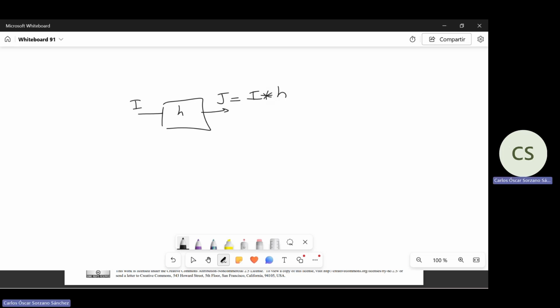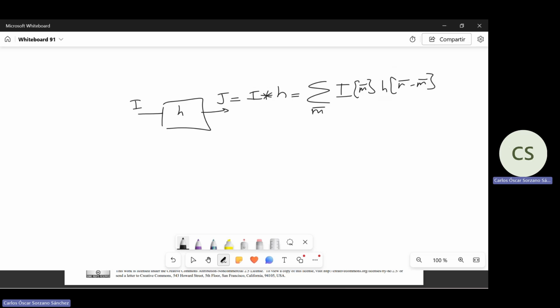So what we saw in the previous lecture was how to compute this convolution in real space. In real space, this is the sum over all pixels of I of n times h of r.